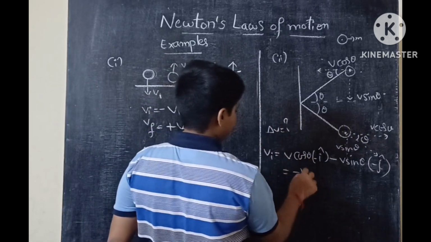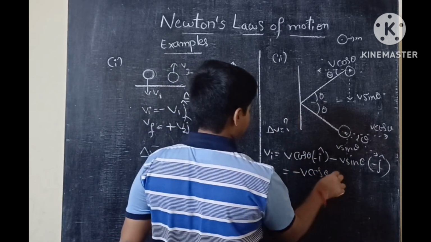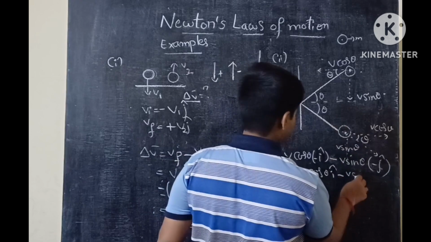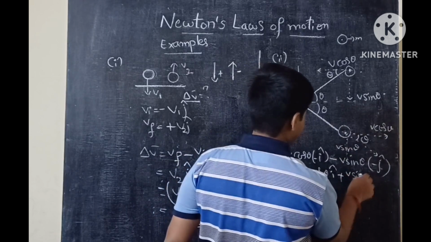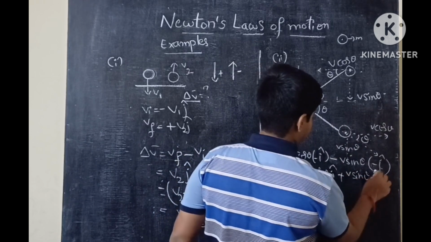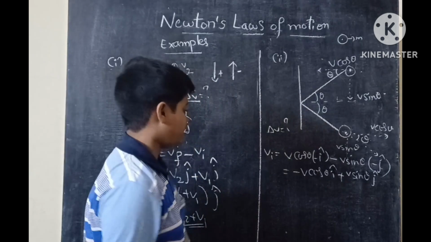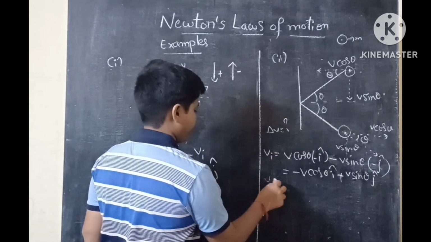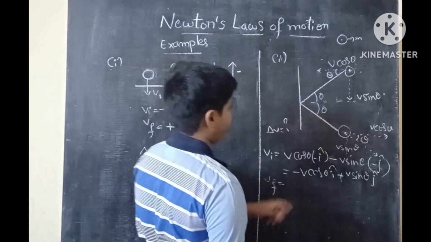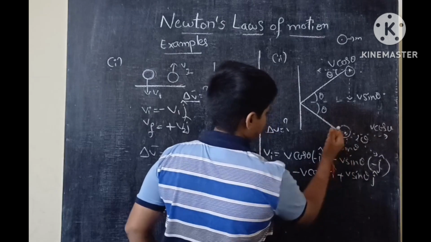If we solve this, V initial is minus V cos theta I cap minus V sin theta j cap.